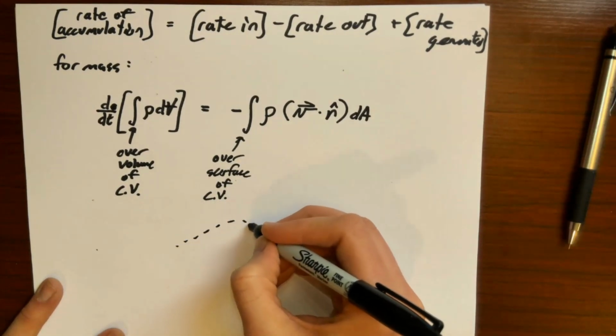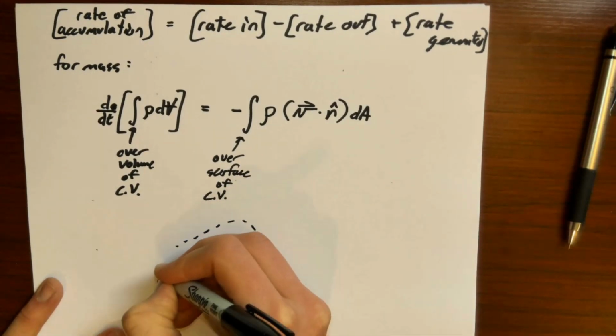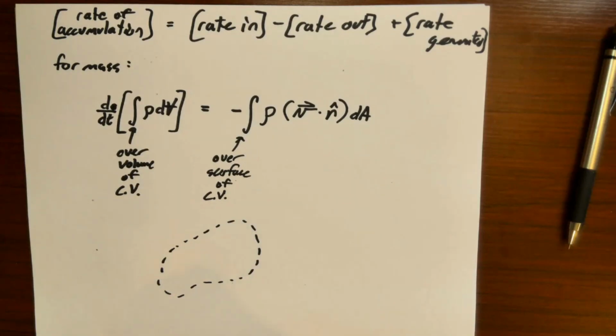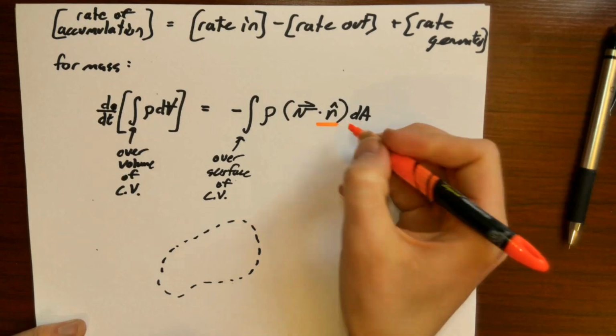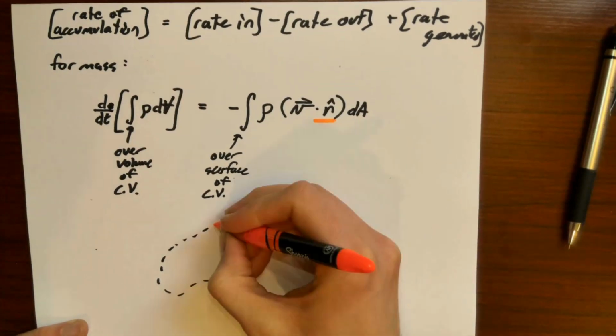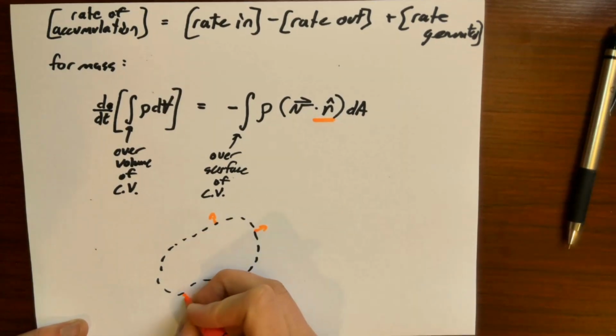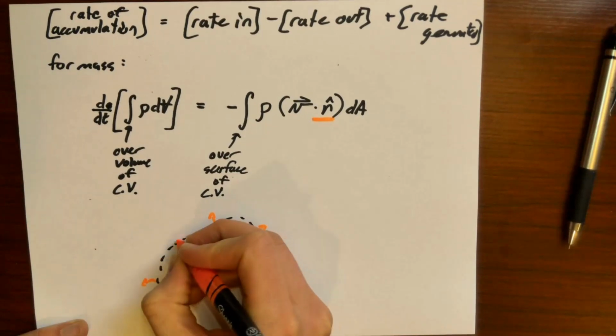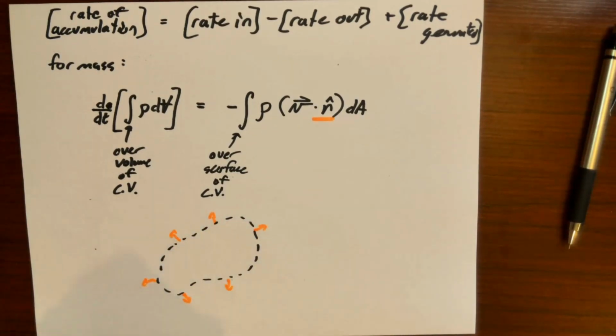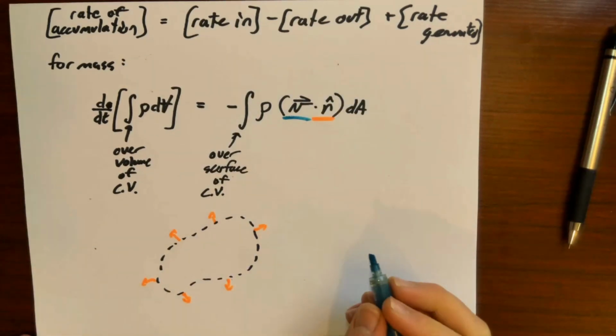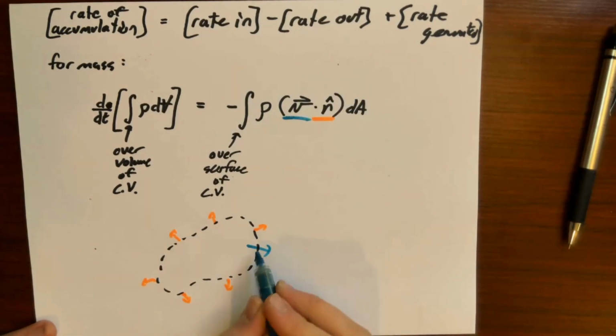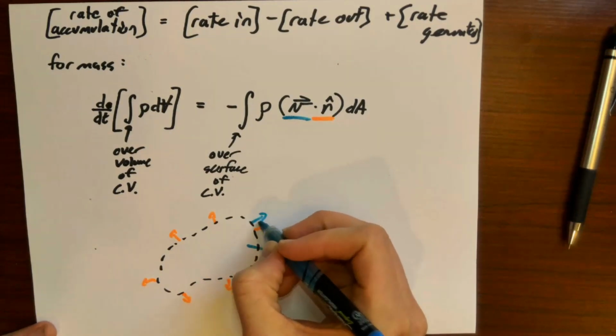And if you remember our control volumes, we said n was basically this outward pointing normal. That's a unit vector that points outwards from the surface perpendicularly. We said v is essentially the fluid velocity at any point on the surface, and it can be normal to the surface under some circumstances.